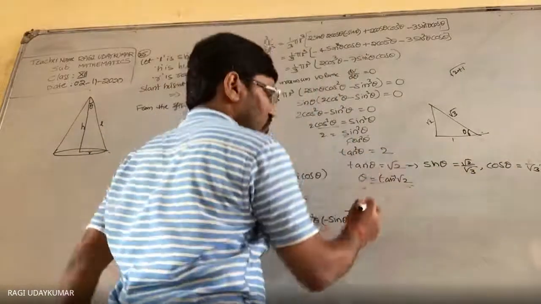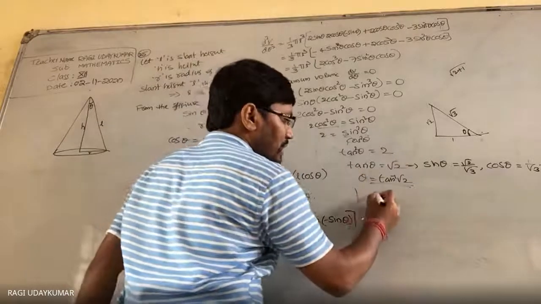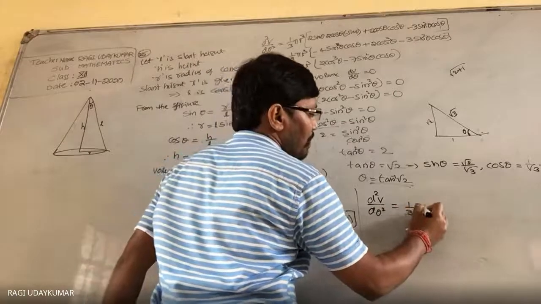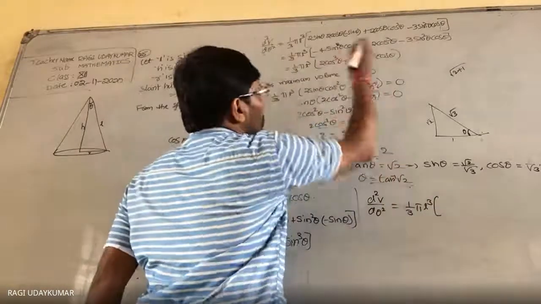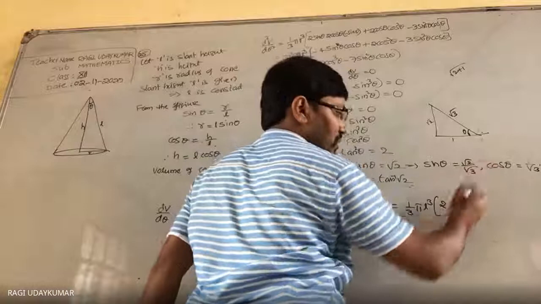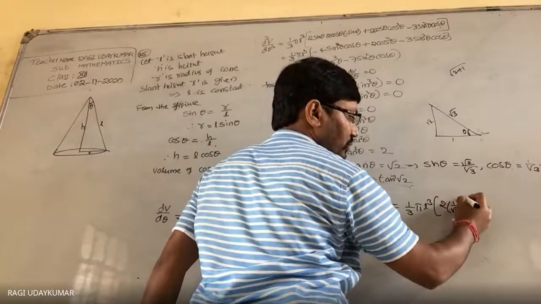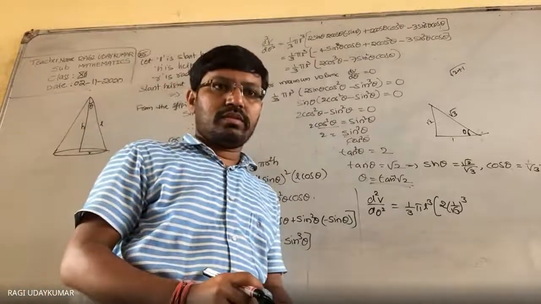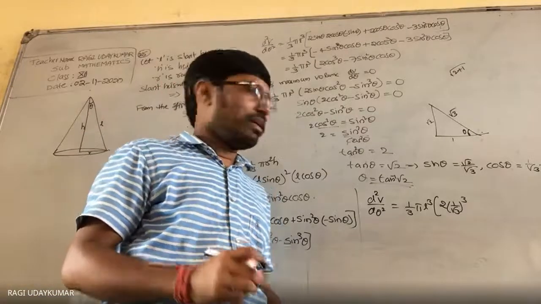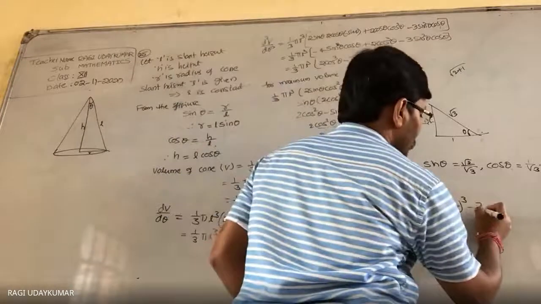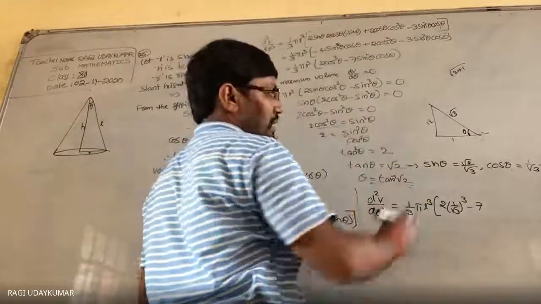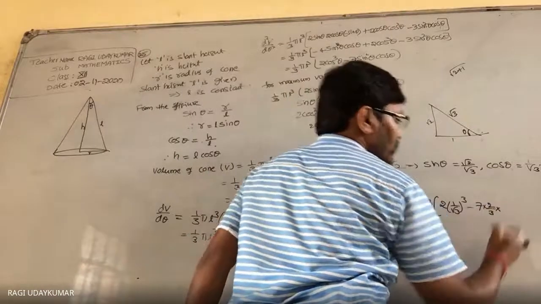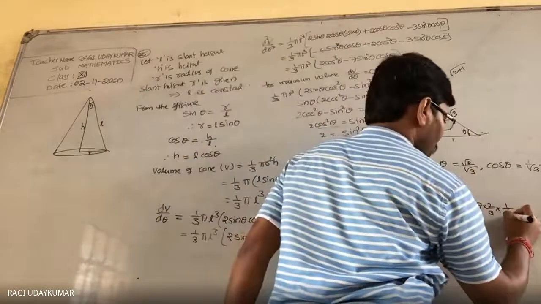So these values substitute in d square v by d theta square is equal to 1 by 3 pi l cube into 2 cos cube theta, ले लो, ओके समझ में आया, and minus 7 into sin square theta, ये स्क्वायर है ना, so you are going to get here 2 by 3 into cos theta 1 by 2.